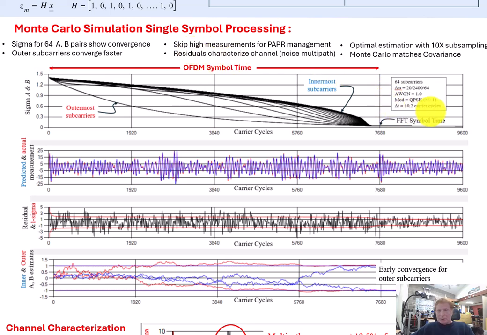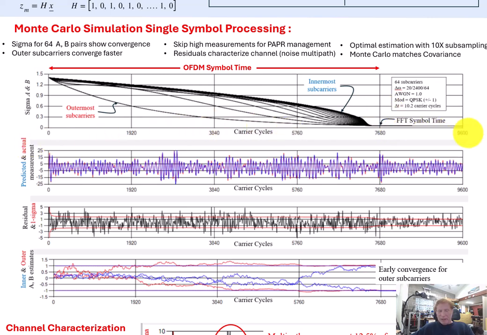The normalized subcarrier frequencies represent a 20 megahertz bandwidth beginning at 2400 megahertz. The OFDM symbol time, ignoring the cyclic prefix, is 1 over the frequency separation, or 7,680 carrier cycles. The simulation covers the OFDM symbol time plus an additional 25%.